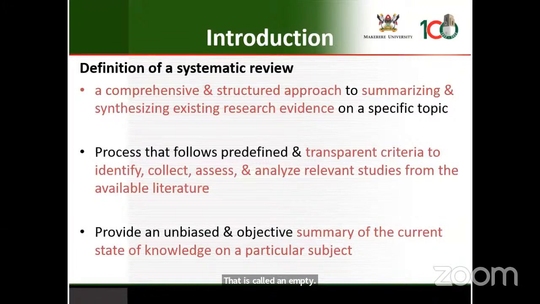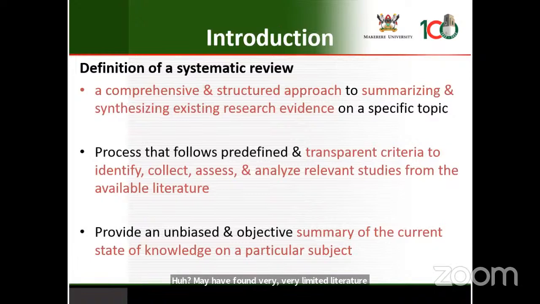I know we looked at the various types of reviews yesterday and the other day, but there is also what we call an empty review. You can imagine when there is a new topic, let me say COVID. The very first person who did a systematic review on COVID may have found very, very limited literature.